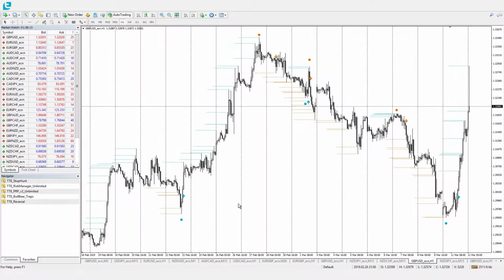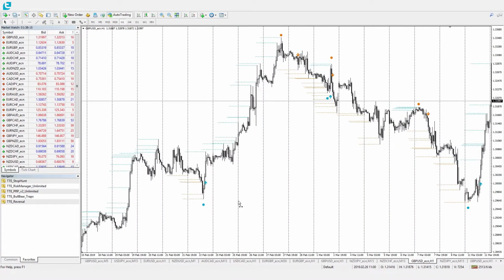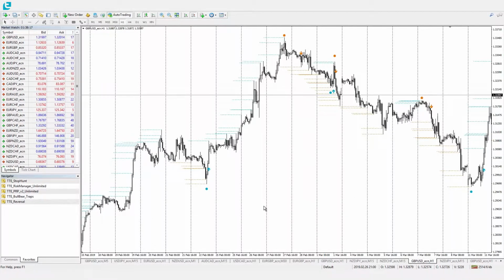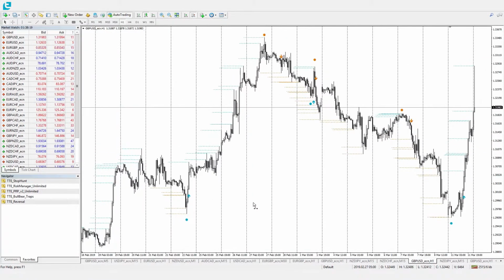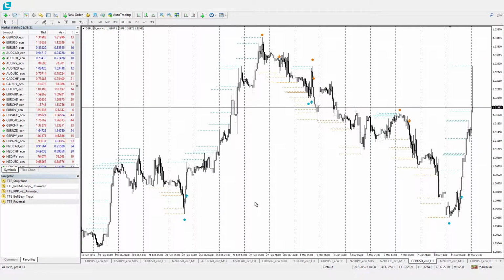But the thing is, I'm not going to release this indicator right now, because of what I did during the last weeks together with my developer. What really annoys me is that the actual stop hunt is taking place right here, but you get the alert right here when this candle comes up.